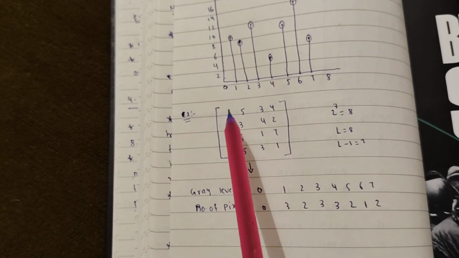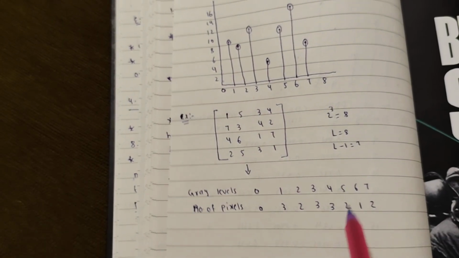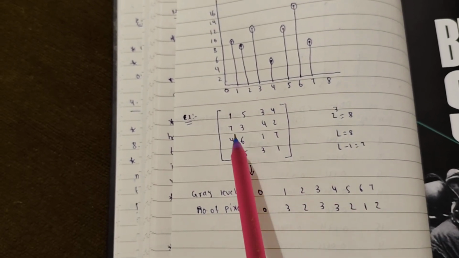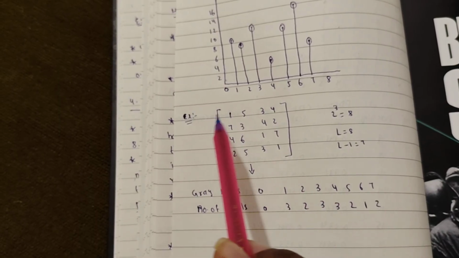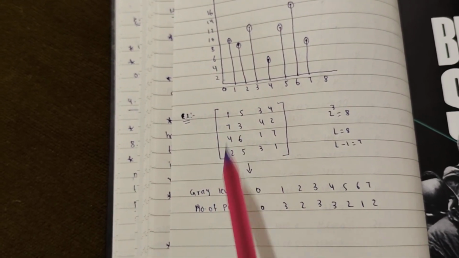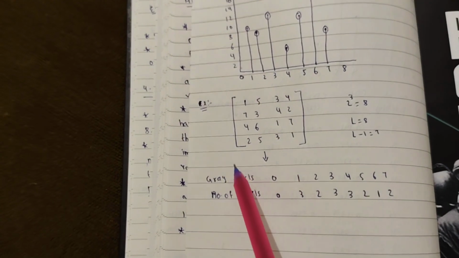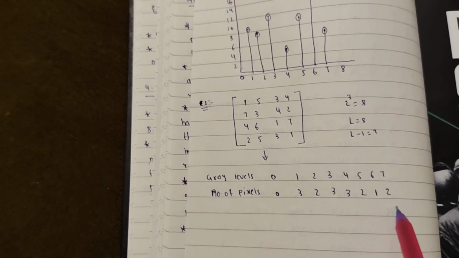Number of fives in the given image is 1, 2, 2 pixels are there. Number of sixes is only 1. Number of sevens is 2. So this is how we will represent this. This is how we will convert the given image to this format.